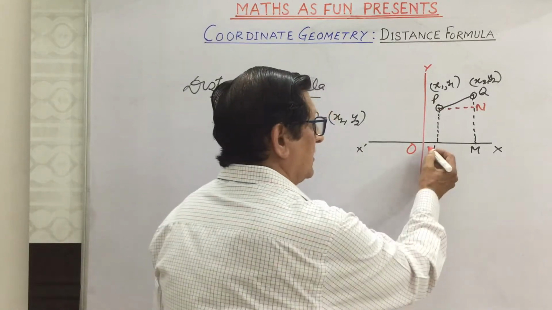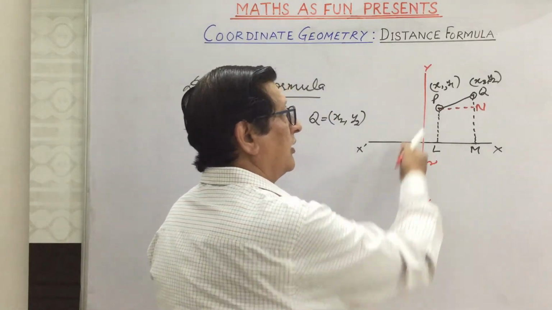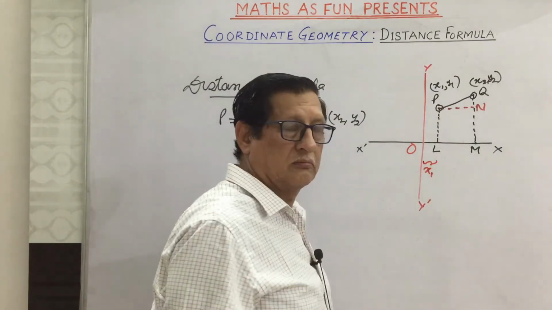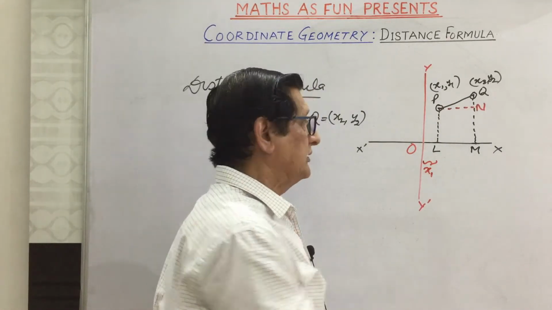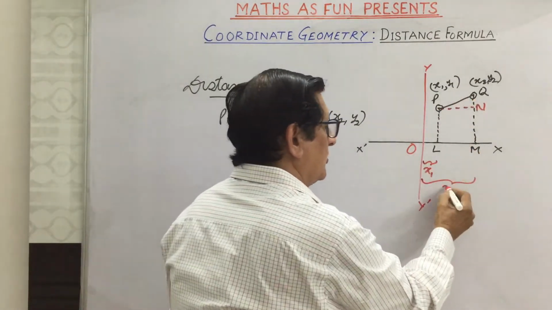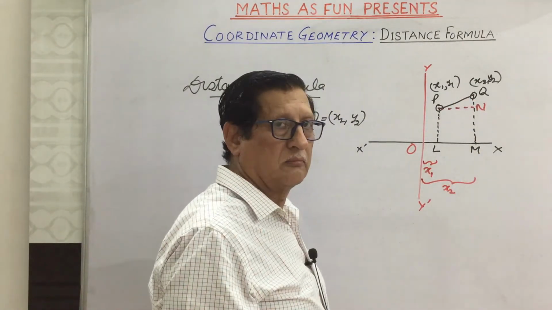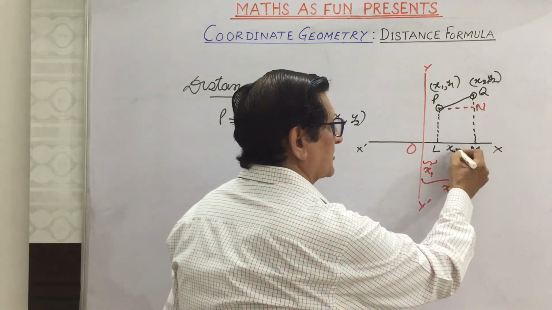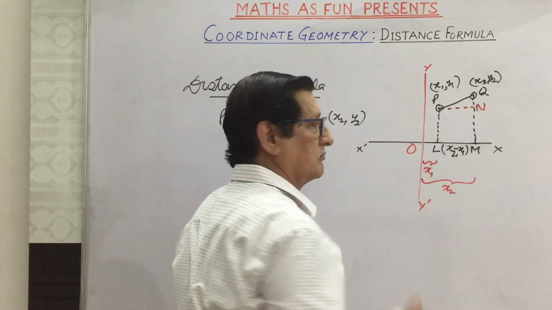Here we can see that distance OL is the x coordinate of P, that is x1. The distance OM is the x coordinate of Q, that is x2. So we can say here that this LM will be x2 minus x1.